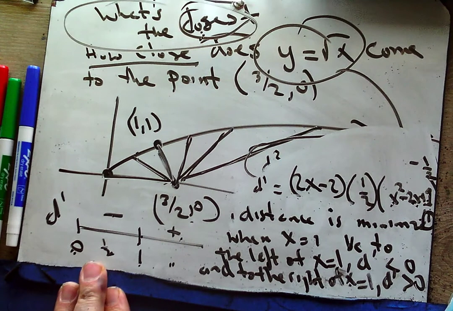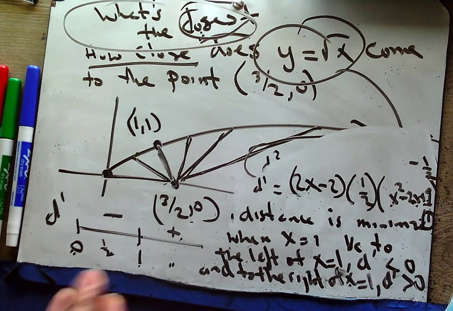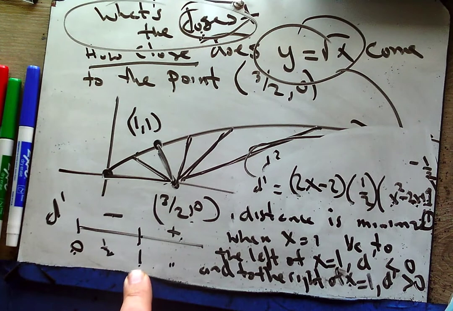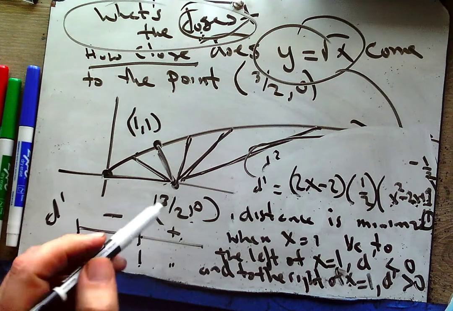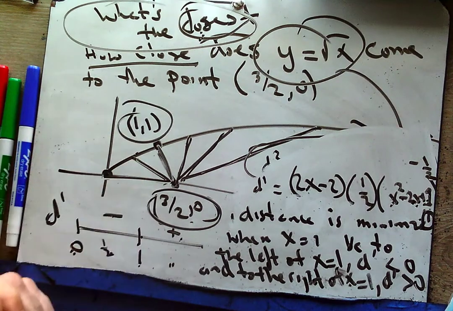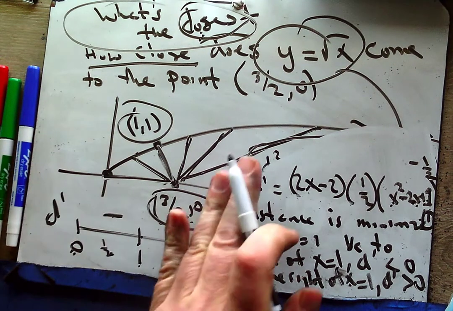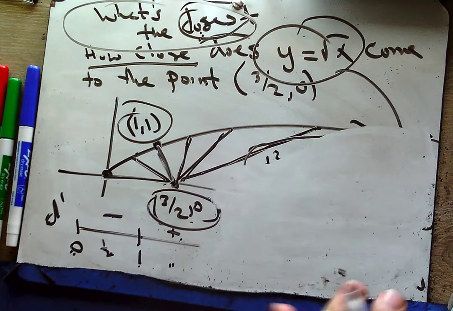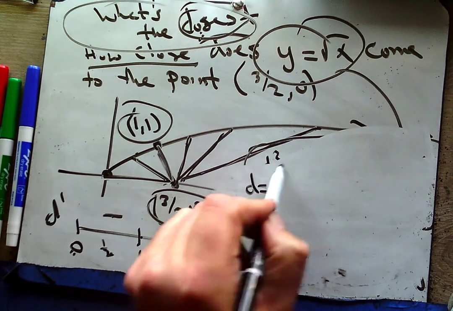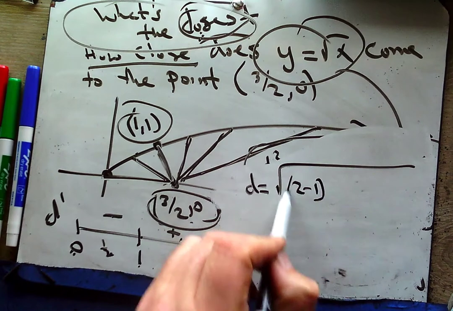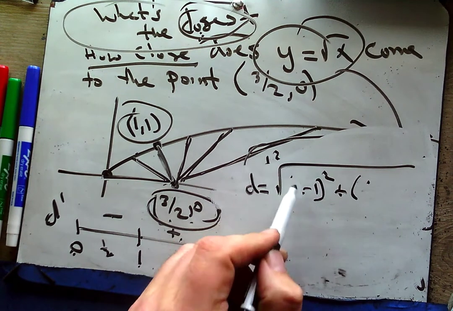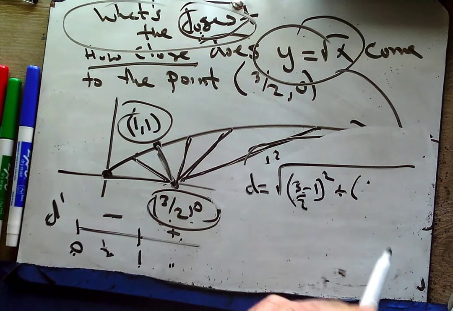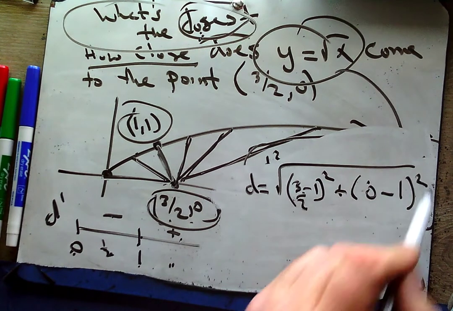Okay, what were we looking for? We were looking for the minimized distance. I found when the distance was a minimum, but I don't yet know what that minimum distance is. Though I do have now 2 ordered pairs, so I could use the distance formula. Let's use the distance formula and find the minimum distance. Distance equals square root of (2 minus 1) squared plus, oh, not 2, but 3/2 minus 1 squared, 0 minus 1 squared.